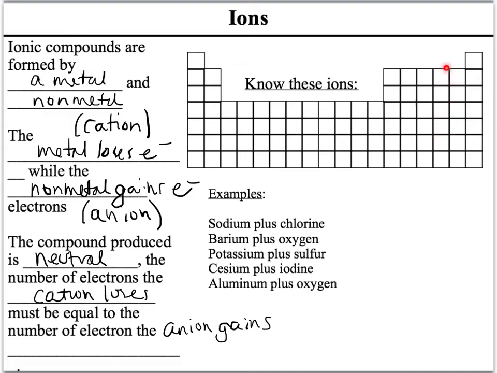And then we'll move over here. These tend to form -2 ions. And then you should know that these two right here, nitrogen and phosphorus, they tend to form -3 ions. And then finally, these three right here tend to form +3 ions. So based on their placement on the periodic table, you can know what charge they might have.